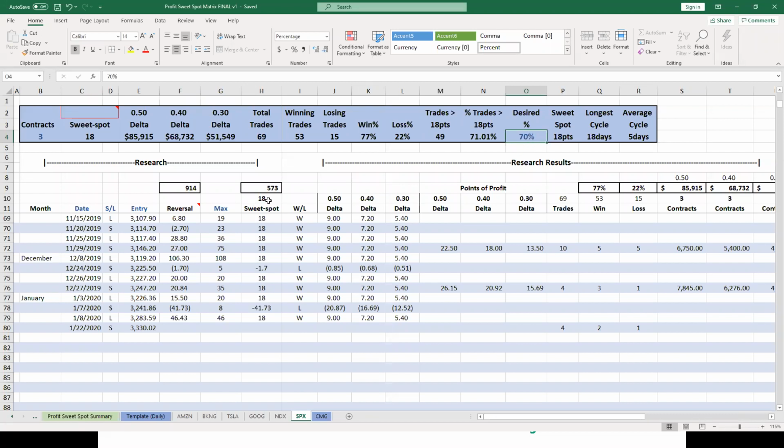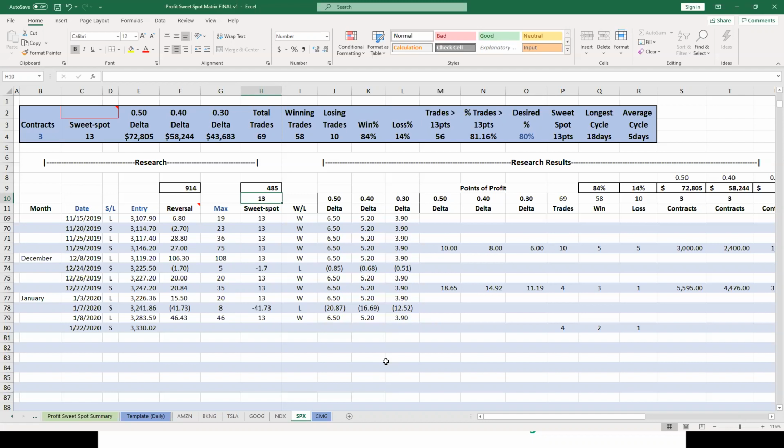Well, 70% of the time when we have a signal, SPX is going to move 18 points or more. So my sweet spot becomes 18 points. If I decided I wanted to be a little bit more conservative, I say I want an 80% win rate. My sweet spot is 13 points. That feature right there makes it so very, very simple.